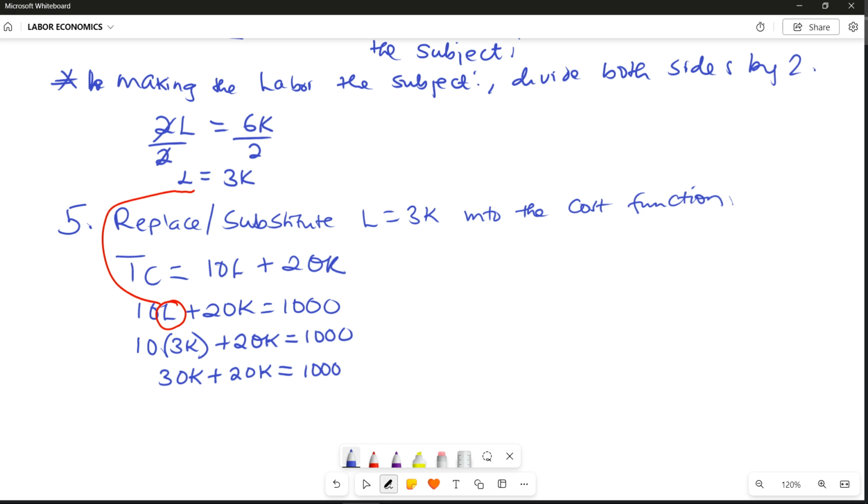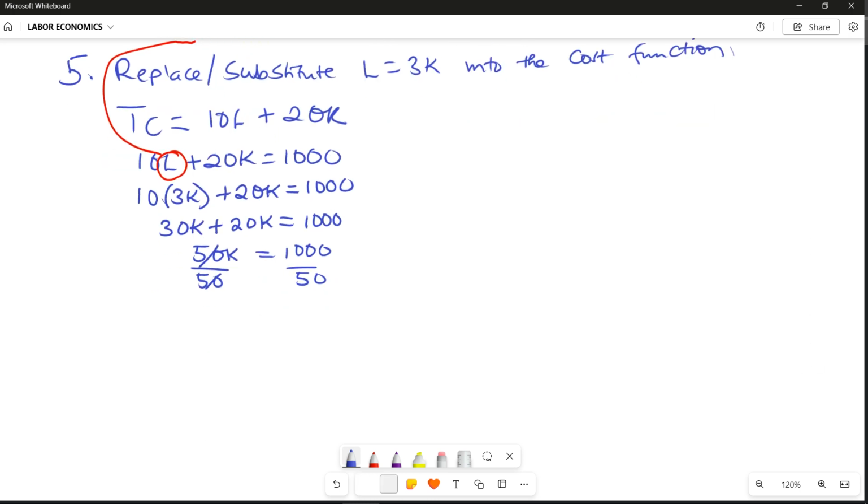30 plus 20 is 50, so 50K is equal to 1,000. Then divide both sides by 50. You cancel on the left and we remain with K is equal to 20.